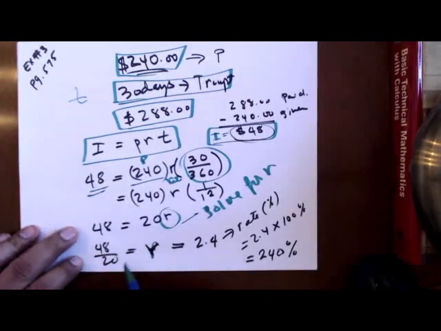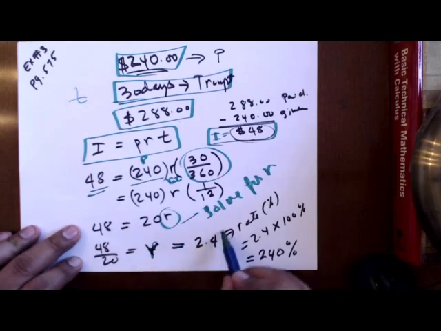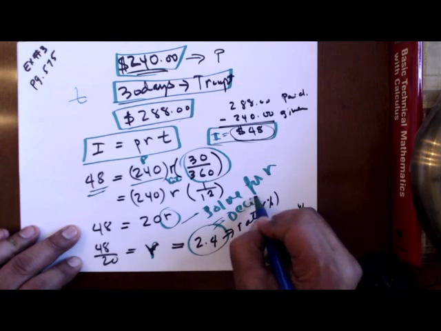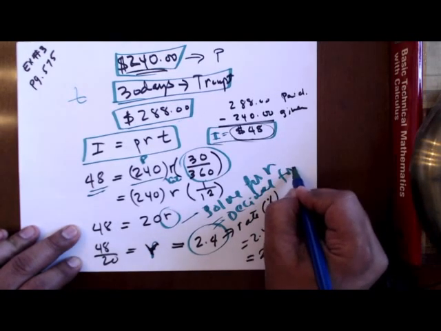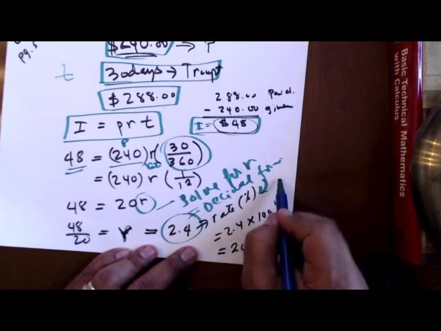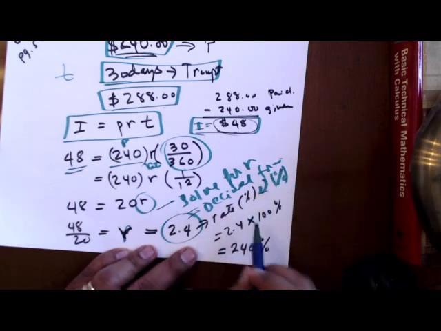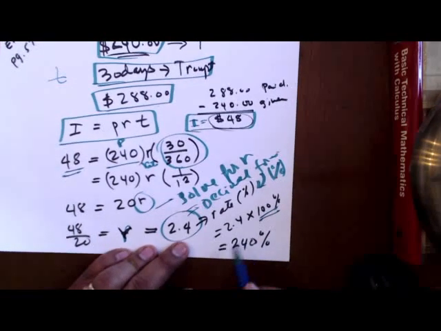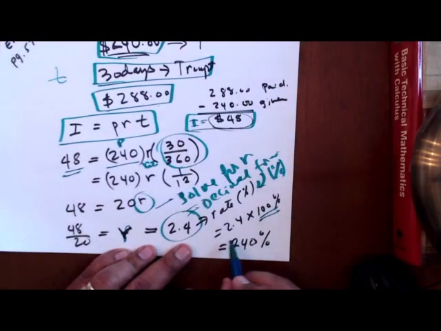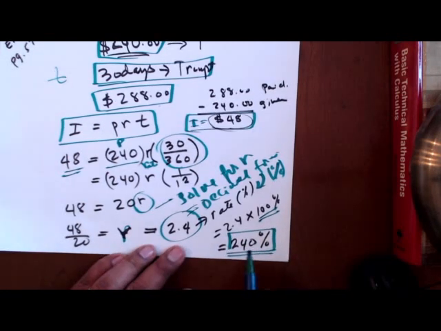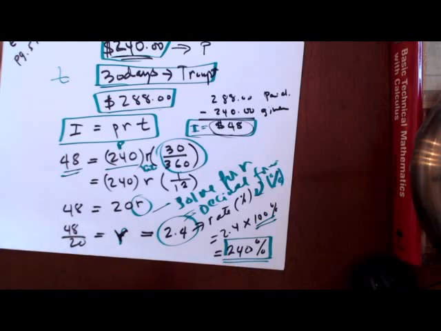This is the rate here. But remember, this number is given to you in decimal form. So you have to convert the decimal form into percentage, right? And that's what we do in this step here. We multiply times 100%. So the actual rate that the person really paid was 240%. So make sure that you follow the steps, do it carefully.